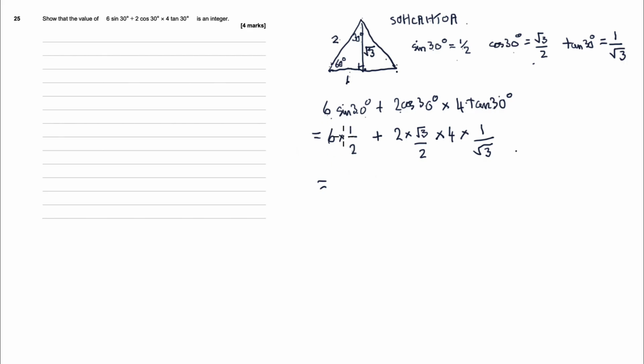Now the first term, 6 times 1/2 of 6, that's 3. The second term has 4 numbers all multiplied together. And remember, we can do cancelling between top numbers and bottom numbers. Just think of this as 2 over 1, 4 over 1.